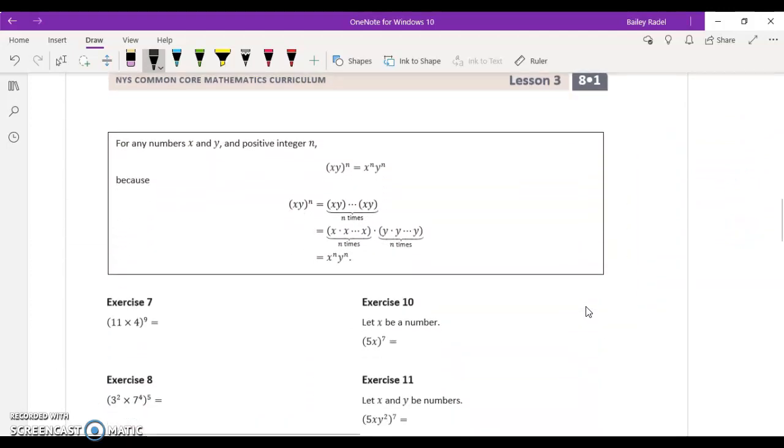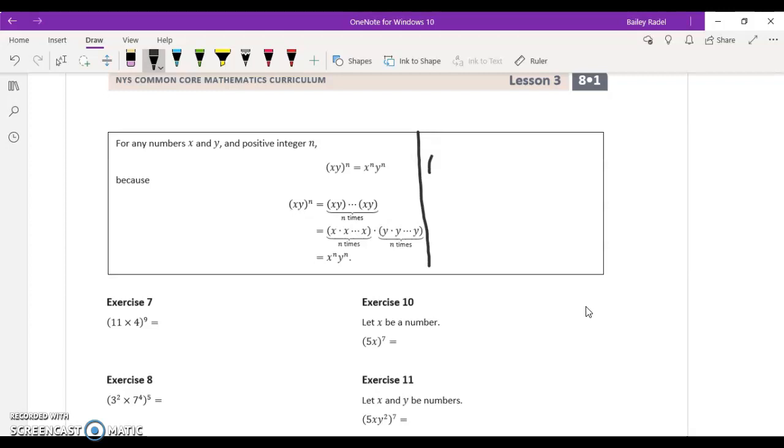Let's flip to our next page in our module, and let's talk about this rule. Now we have x times y raised to the n is equal to x to the n times y to the n. So again, let's write a line and let's use numbers instead of variables.